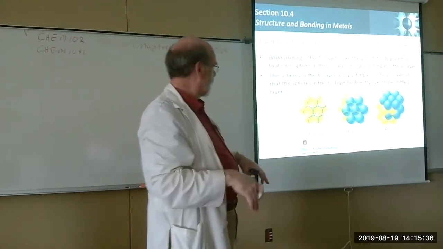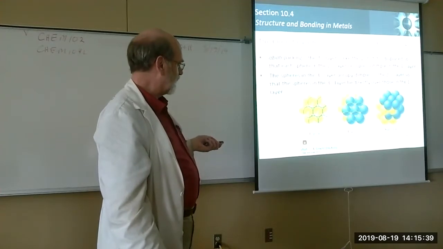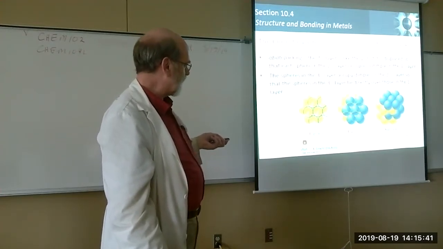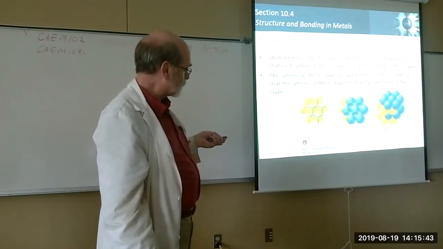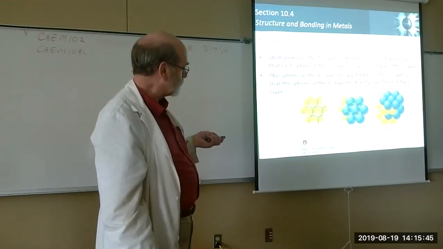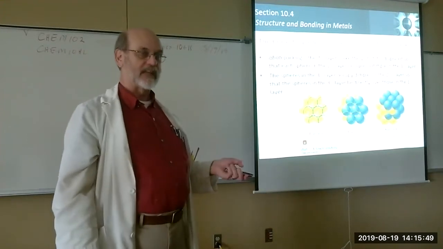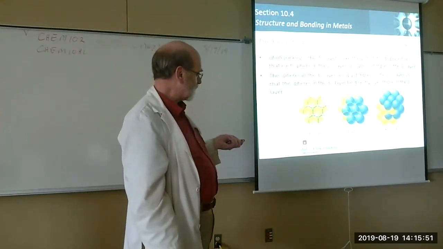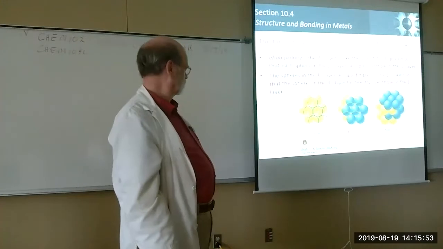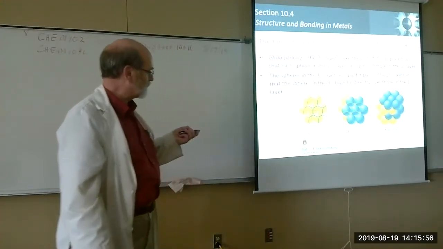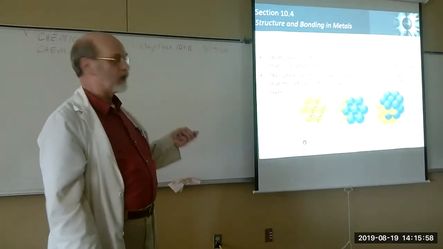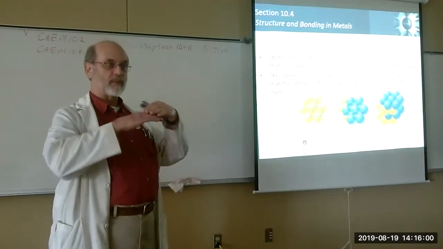Right? And then we come back in and put A again, because this one's A, the same as that A, simply because they line up with one another. That's why they're A, and why these are B. They line up. So by the time you get past this A, you're into another closest packing arrangement.